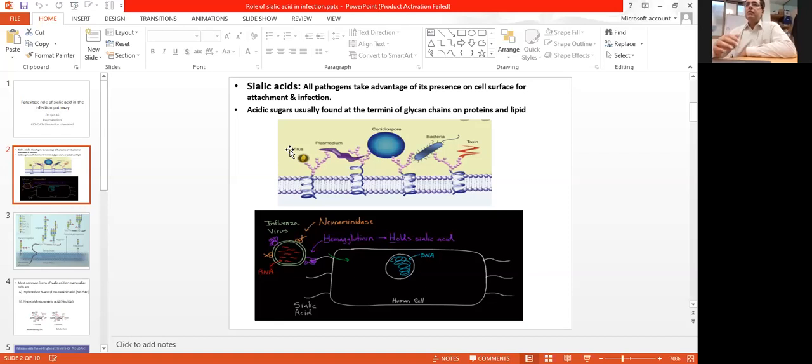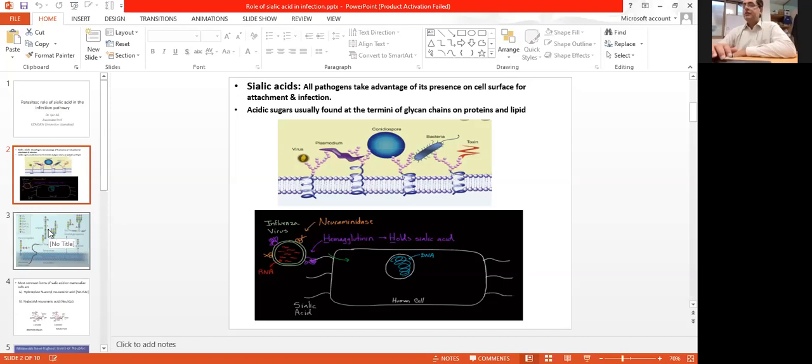You should just remember that these are acidic sugars, and these are usually found at the termini of the glycan chains on proteins and lipids that are found on the surface of cells. The pathogens take advantage of their presence on the surface of cells because they attach to these acidic sugars and enter the cells.